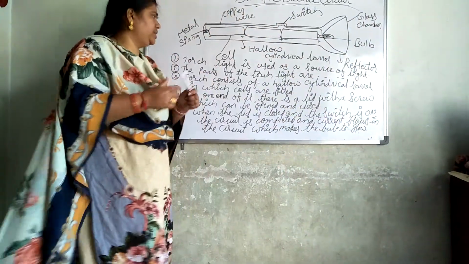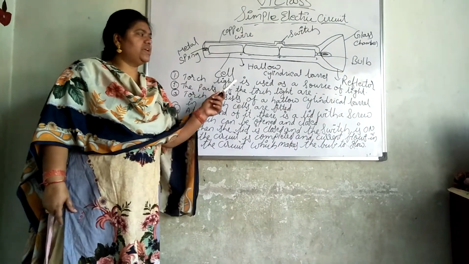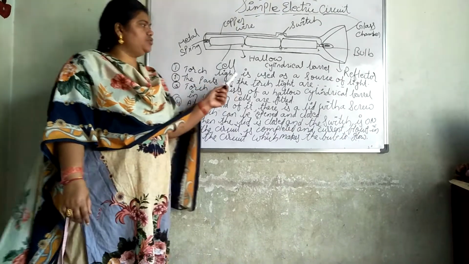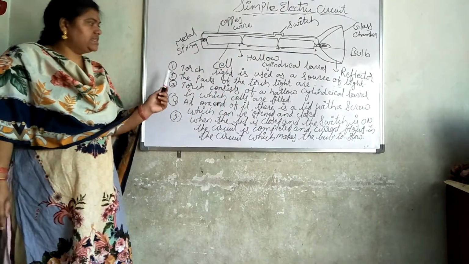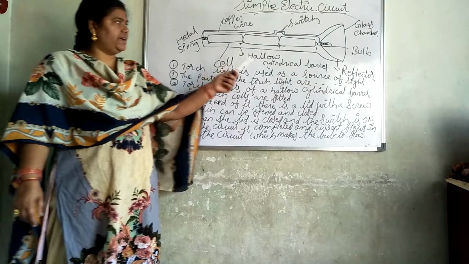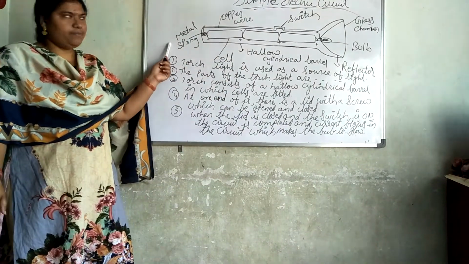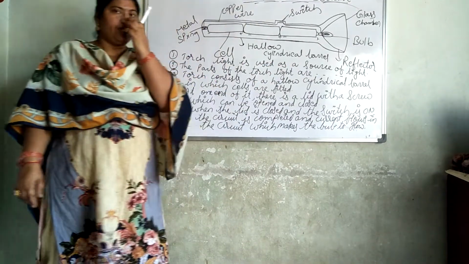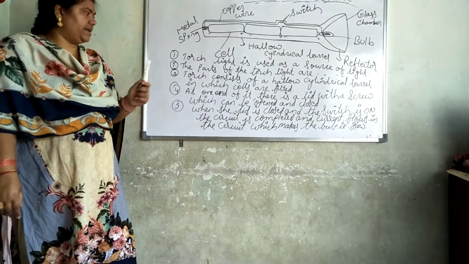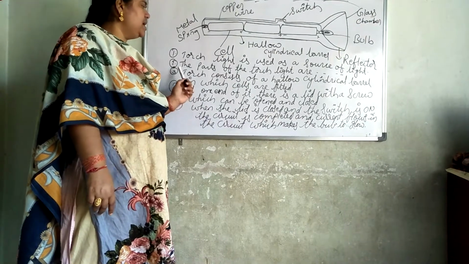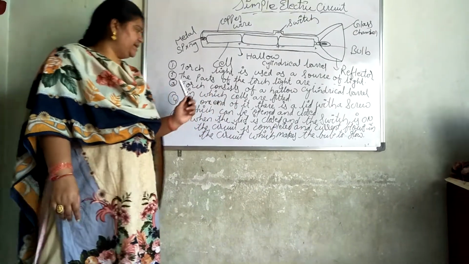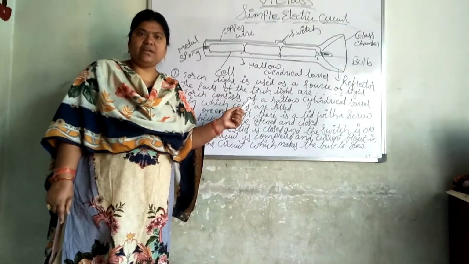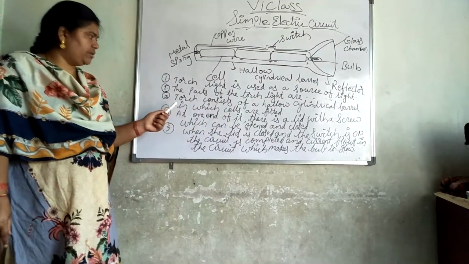The first point is torchlight is used as a source of light. The second point is the parts of the torchlight are hollow cylindrical barrel, metal spring, copper wire, switch, reflector, bulb, and glass chamber. The third point is the torch consists of a hollow cylindrical barrel in which cells are fitted, where we can fit the cells.